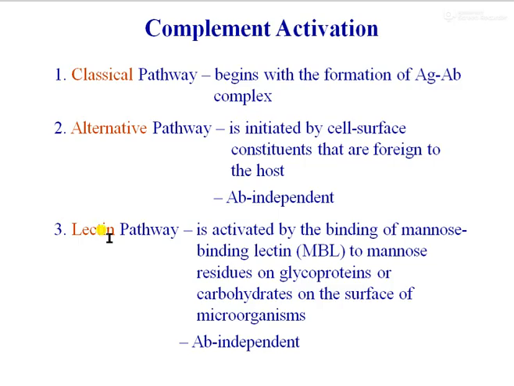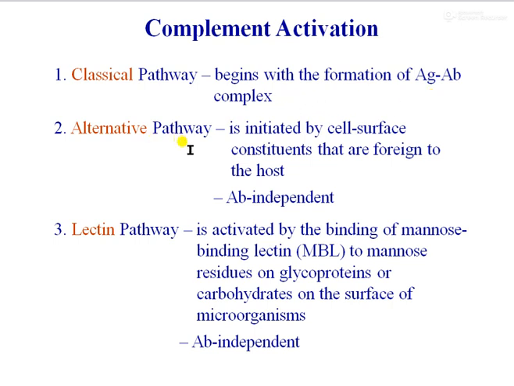Usually all these proteins are formed in an inactive form, and you need to activate them within your body. For that we have three different pathways: the classical pathway, the alternative pathway, and the lectin pathway. The classical pathway begins with the formation of the antigen antibody complex.